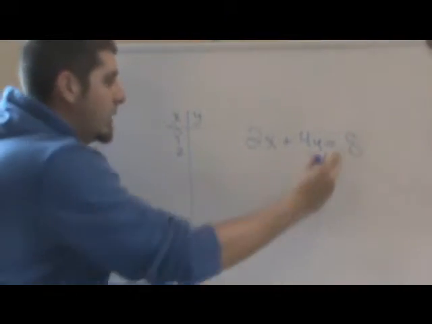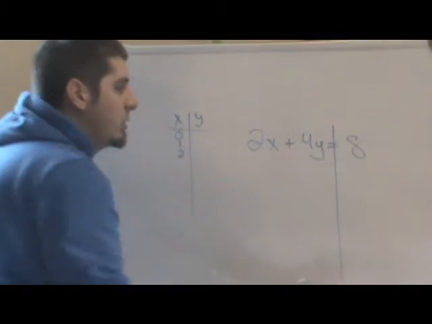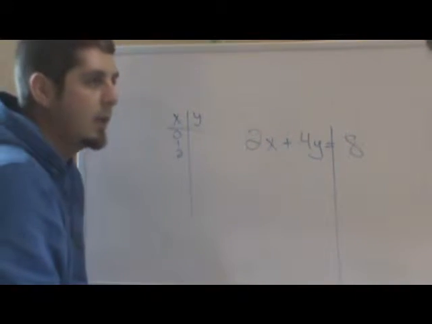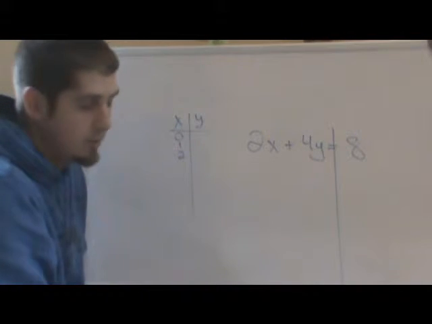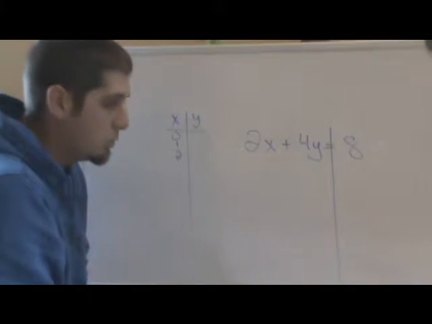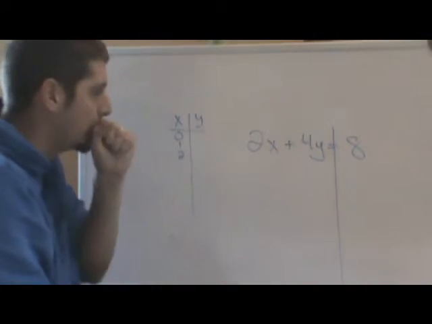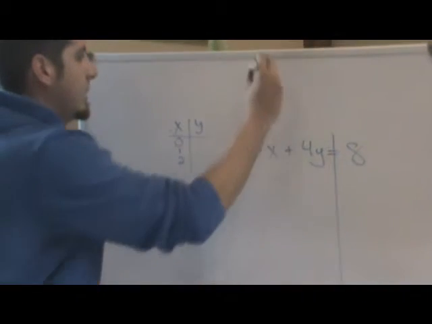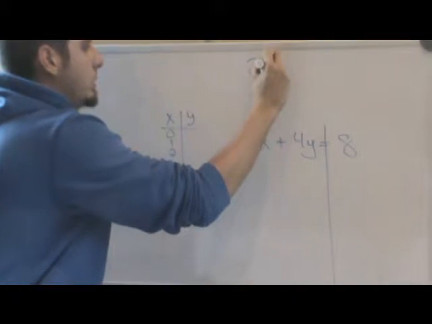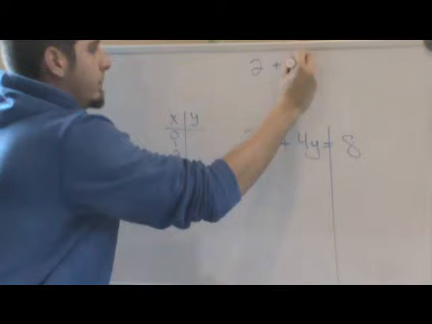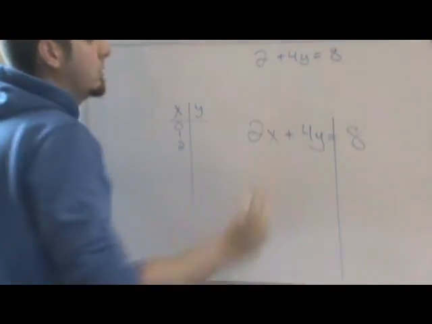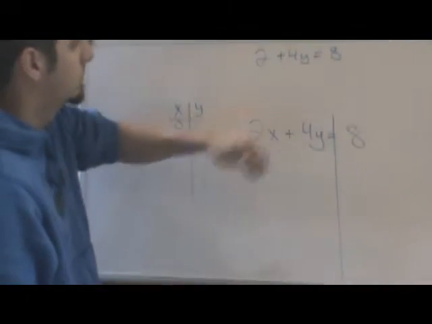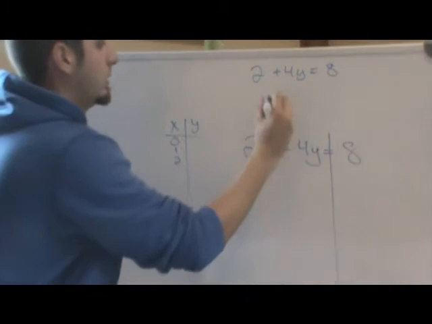So if I have this equation here and I want to solve it for y, you just have to think back to your Chapter 3, Section 5 days when you were studying two-step equations. If I had a two-step equation that looked like this, you would subtract 2 and then divide by 4.